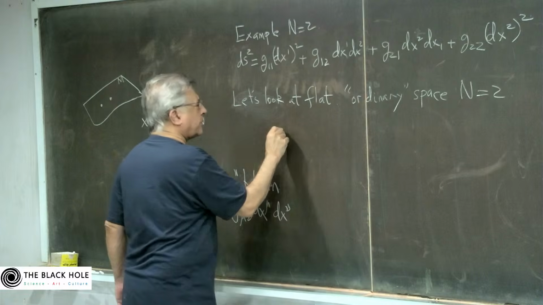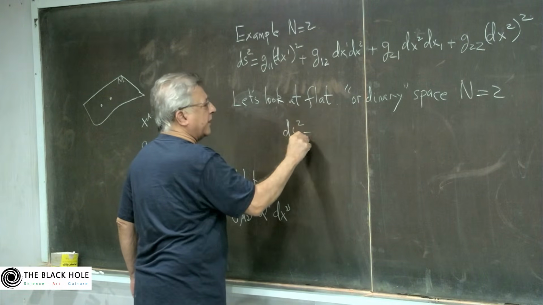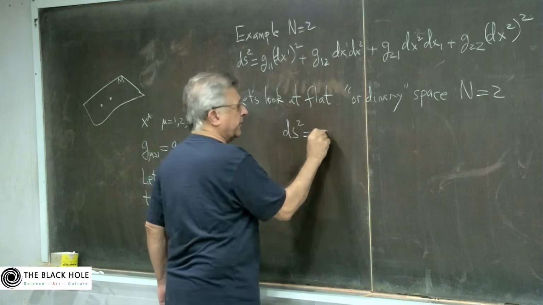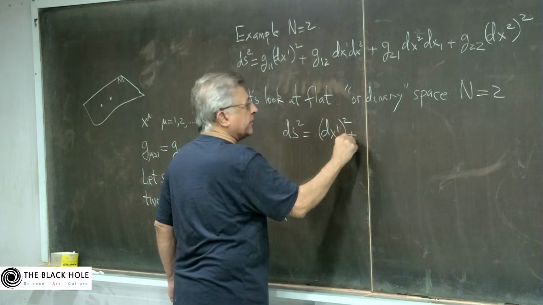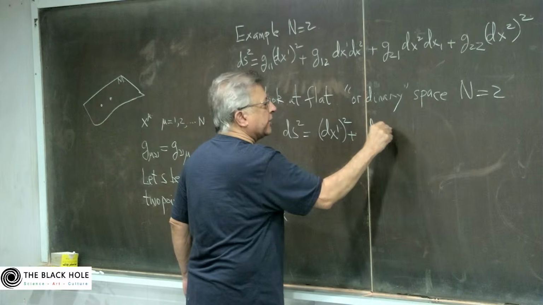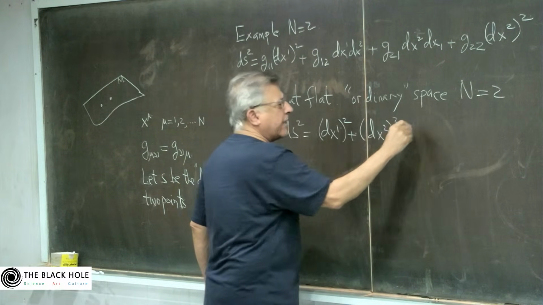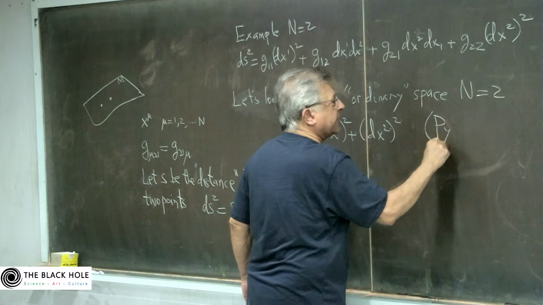Then ds squared is just dx1 squared plus dx2 squared. And that comes just from Pythagoras.